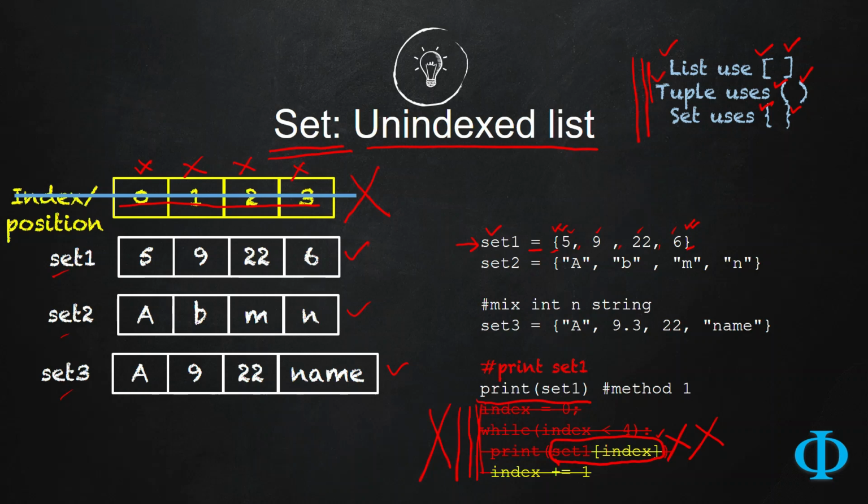Now why is it like that? Because the motivation of set is a little bit different from the normal list and tuple. The major motivation of set is to give the developer some mathematical capability, like doing set operations such as union of two different sets, intersection of sets, and set differences.